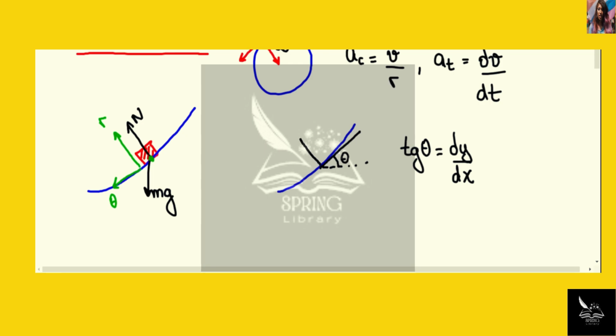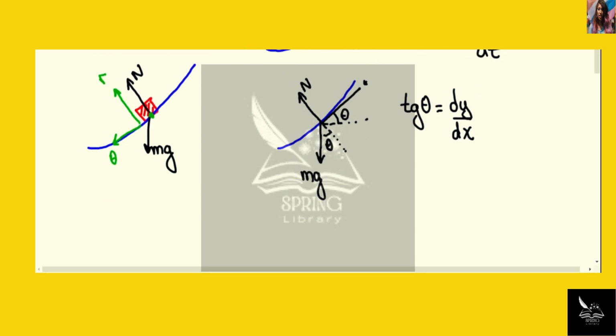Now notice that the normal force is perpendicular to this line here. So this means that mg makes an angle theta with the normal force. Okay, so now we can decompose in r and theta coordinates.